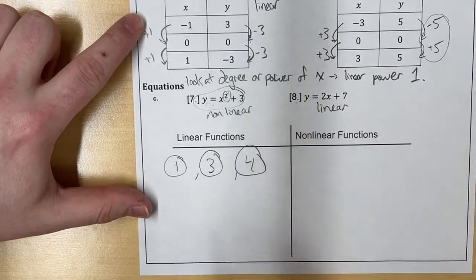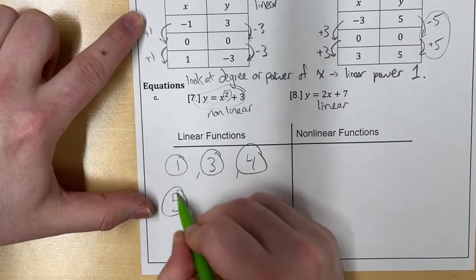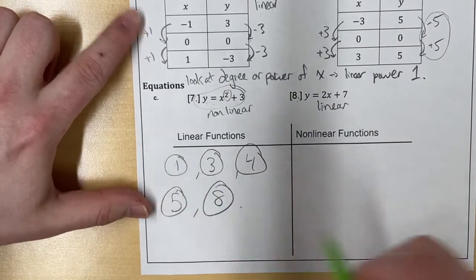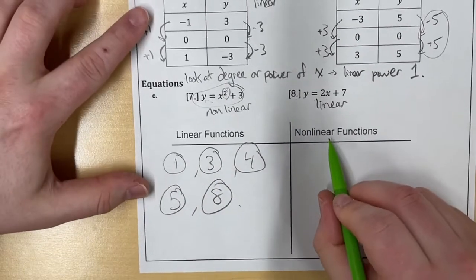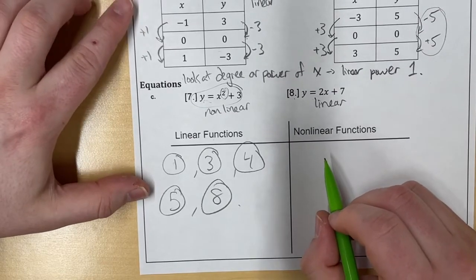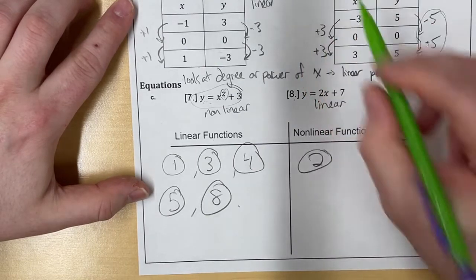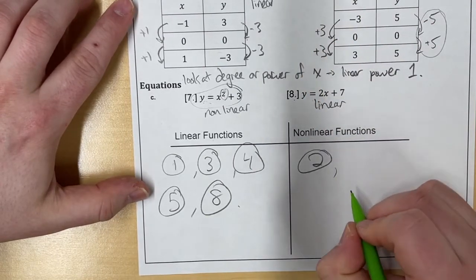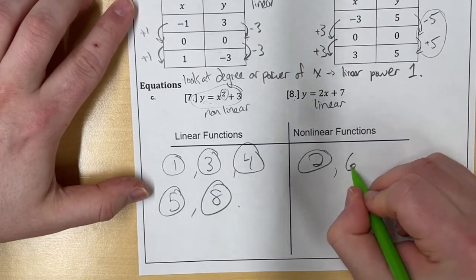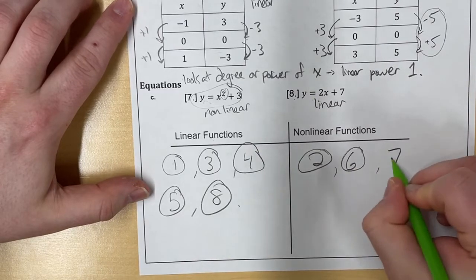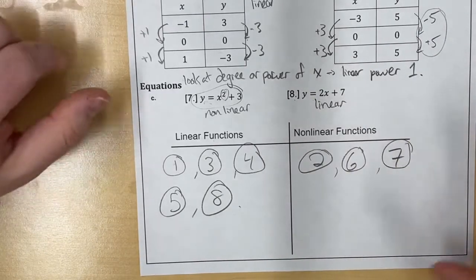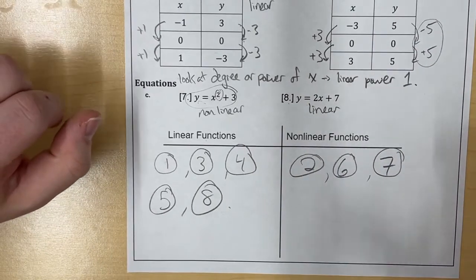And then 5 and 8 were also linear functions. However, for those other representations, we can say those are non-linear functions. So graph number 2, table number 6, and equation number 7 were all examples of non-linear functions.